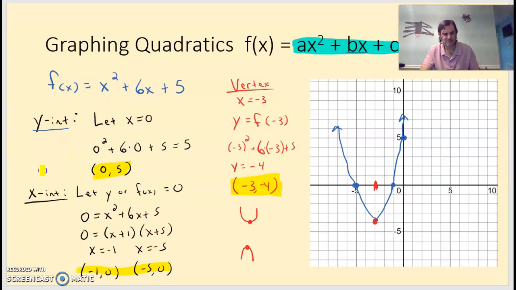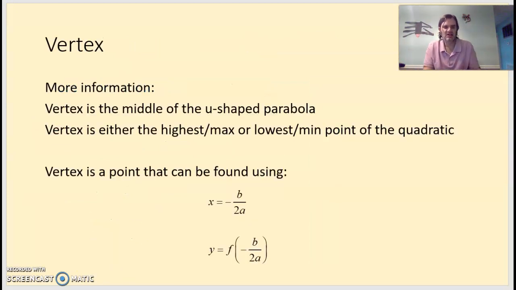So let's put this together in some steps. First of all, the vertex. The vertex is the middle of that U-shaped parabola, and it will either be the highest point if the parabola is open down, or the lowest point if it's open up. So it's either the max or min of the graph.